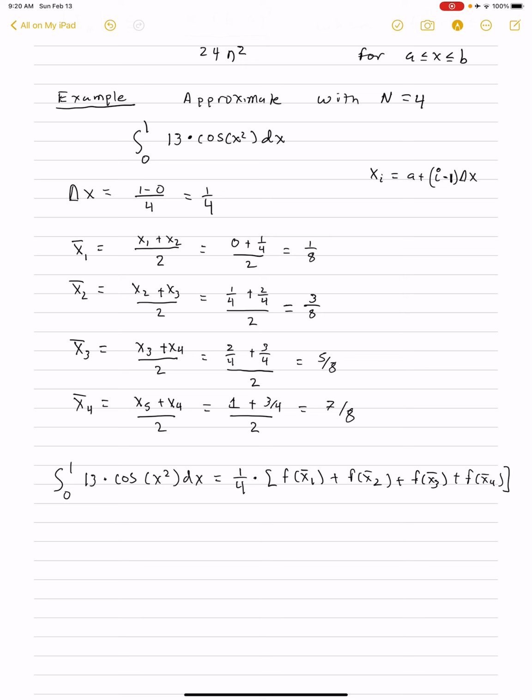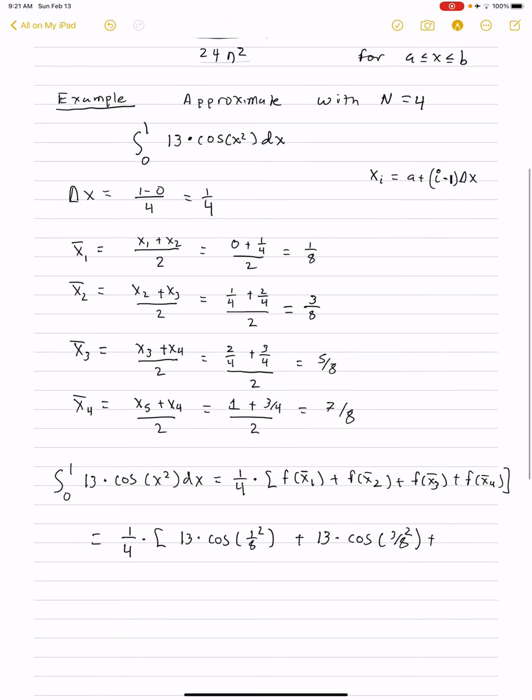Okay, and then we just need to plug this in, and that'll be 1/4 times f of x1 bar, which is 13 times cosine of x1 bar. x1 bar is 1/8. Then it needs to be squared, plus 13 times cosine of x2 bar. That'll be 3/8 squared, plus 13 times cosine of 5/8, we'll square everything there.